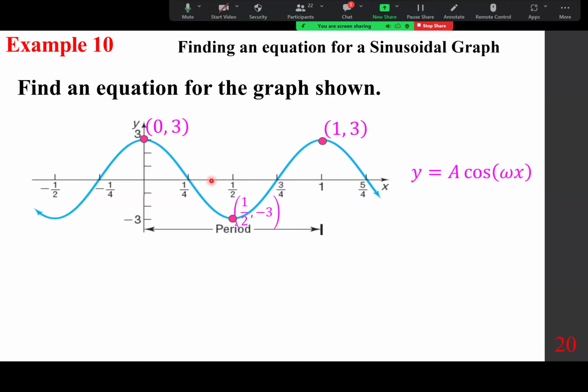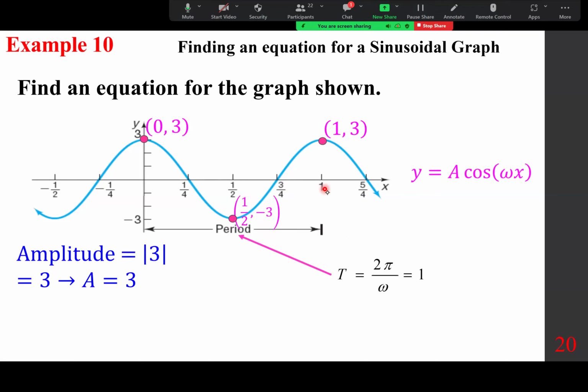So we are looking at one complete cycle. The amplitude is, this is going to go from -3 to 3. The maximum is 3. The minimum is -3. The amplitude is 3. The period is 2 pi divided by omega, and it's equal to 1.